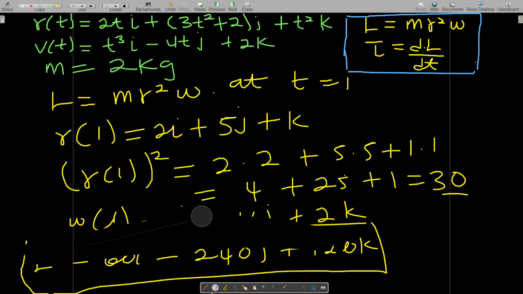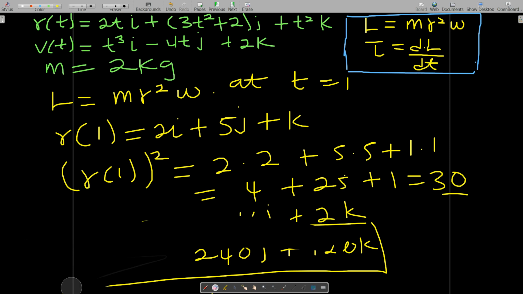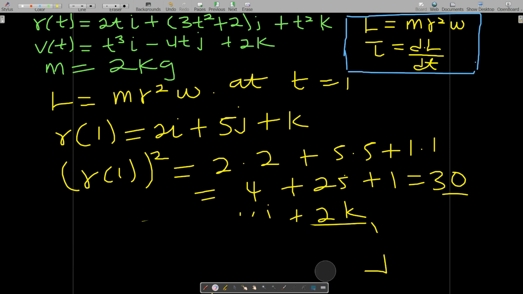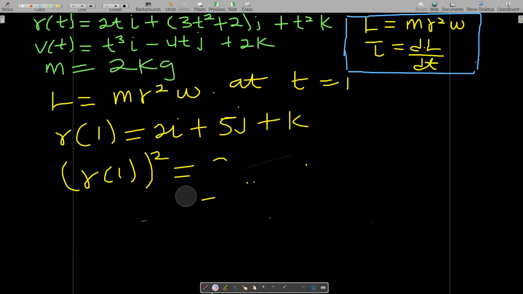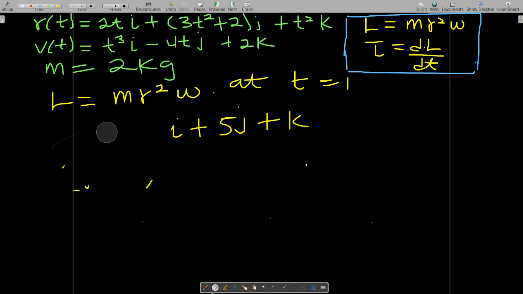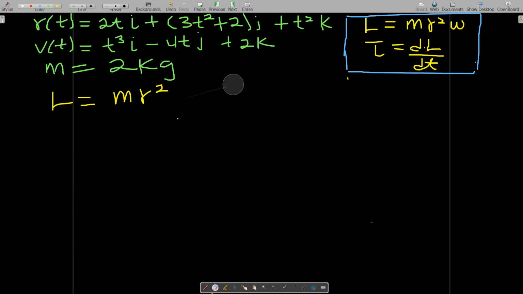For the torque, we need to evaluate the angular momentum at time t equals t before you can find the torque, because the torque is actually the derivative of this angular momentum with respect to time.